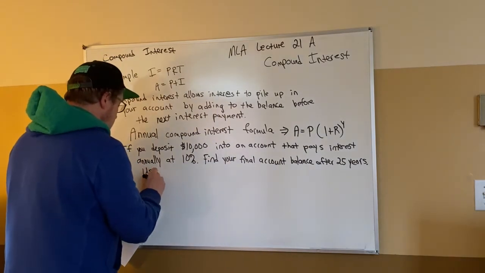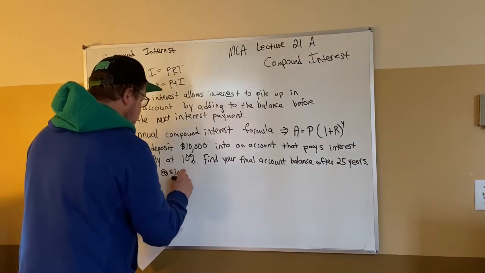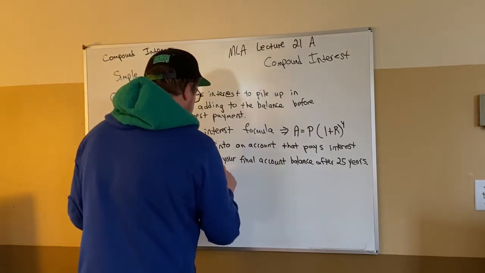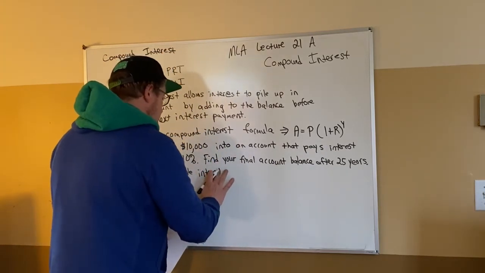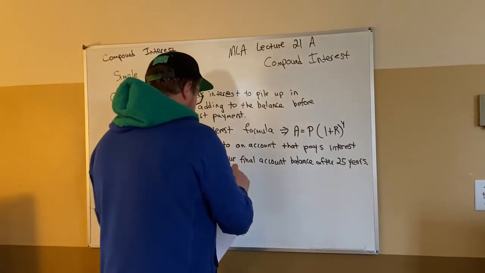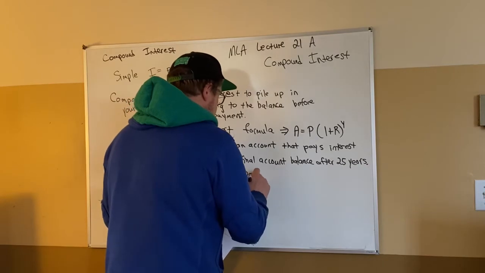Use A, simple interest. They might pay you 10% simple interest on a bond. Or B, compound interest.